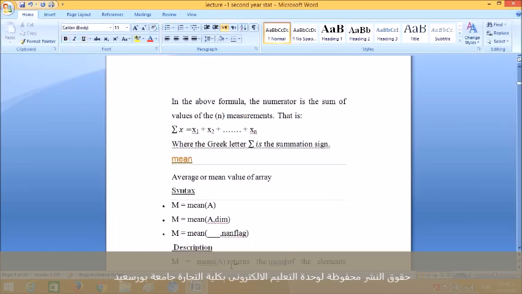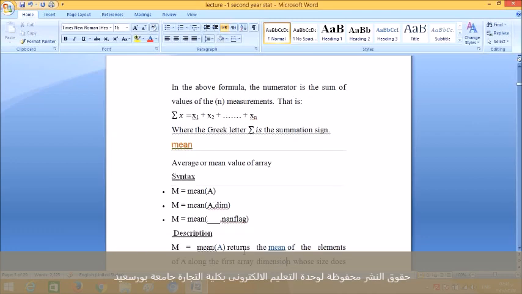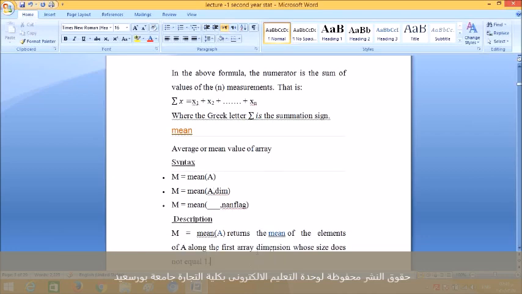So the interpretation of these commands, or these syntaxes, is as follows. The first syntax, M equal mean of A, returns the mean of the elements of A along the first array dimension whose size does not equal 1.